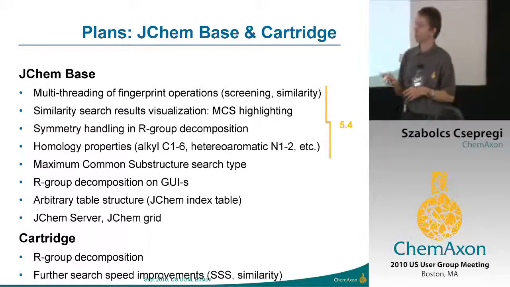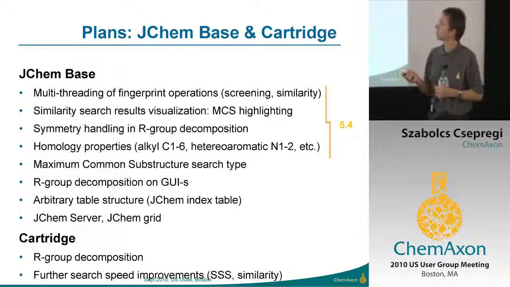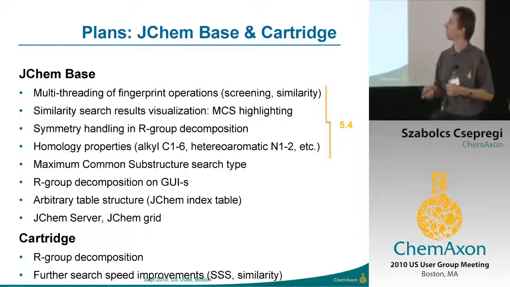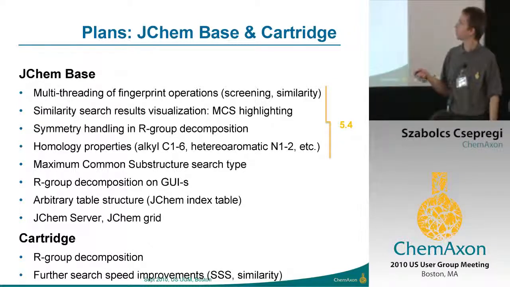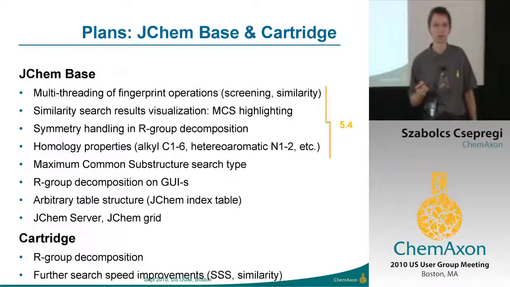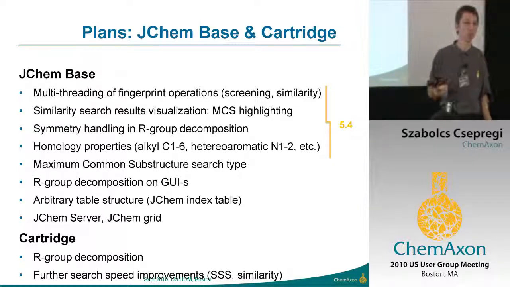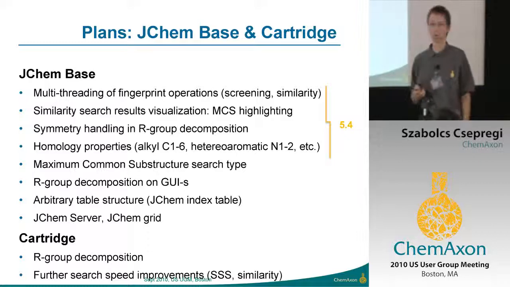So it will be much easier to see the R tables with these symmetrical molecules. And we have also just added some homology properties for the homology groups. This is again coming from our Markush technology. I will talk about that in more detail tomorrow.